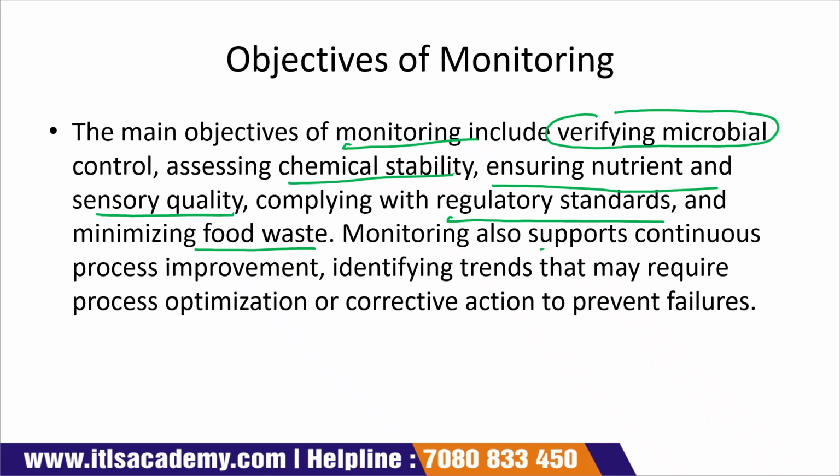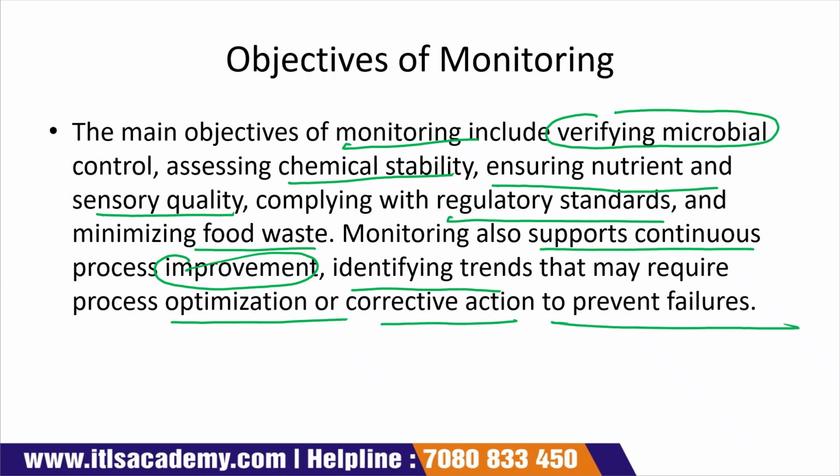Monitoring also supports a continuous process. This continuous process helps in the improvement of food quality and the identification of trends which may require process optimization or corrective action so that failure can be prevented, because we all know that prevention is better than cure.